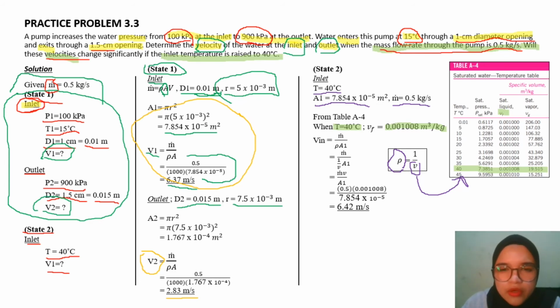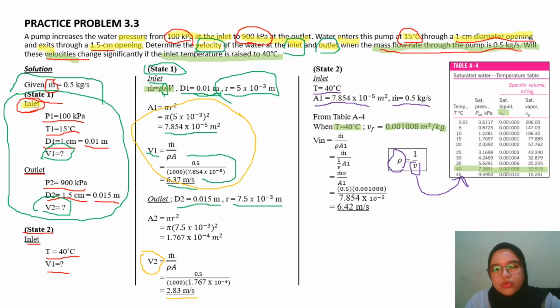From the formula, we use the same formula as this one, which is mass flow rate equal to density multiplied by area and multiplied by velocity. So V inlet equal to mass flow rate divided by density multiplied by area 1.